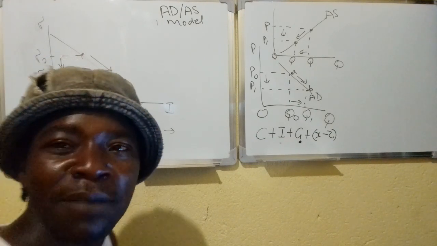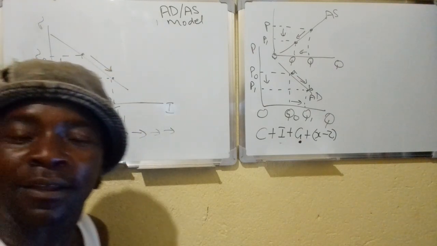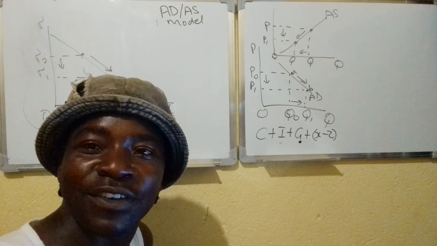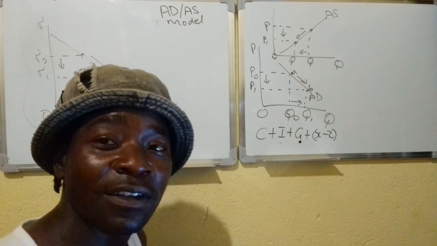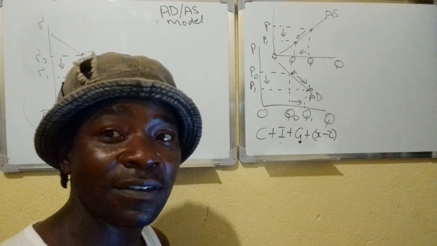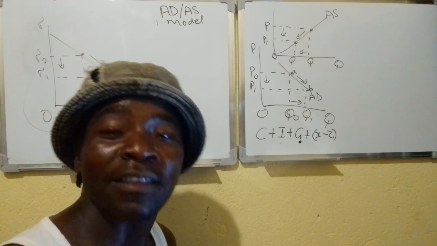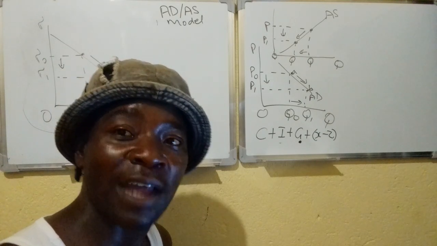And then another main policy dilemma is the trade-off between inflation and unemployment. Authorities are sometimes in a dilemma. They want to keep price levels down, and at the same time they want to keep unemployment levels down.